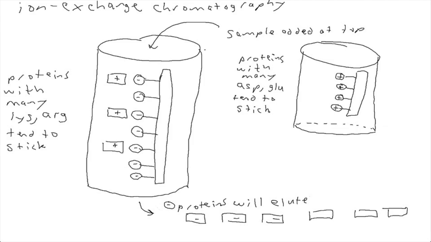By the way, how would you make the column negative? What would you put on the beads? So for example, let's say we used phosphate groups. Are phosphate groups positively or negatively charged? Phosphate groups are negatively charged.